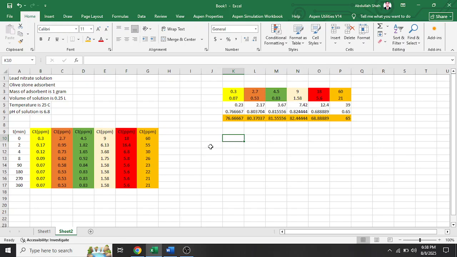Now for this experiment here you can see C naught is this one. For experiment number 2, C naught is this. For the third experiment, and so on.